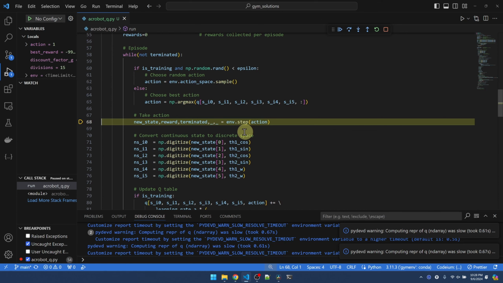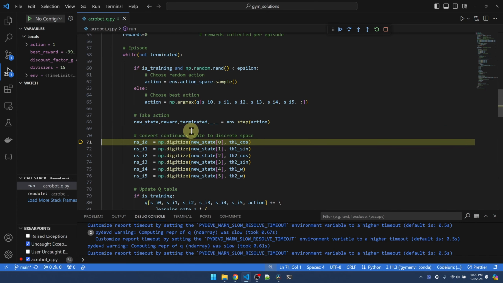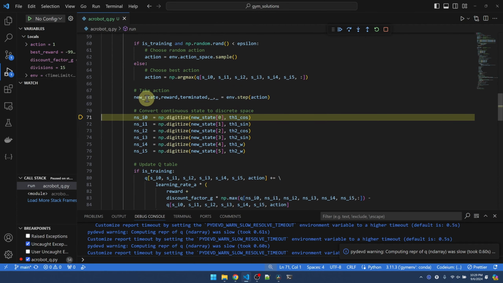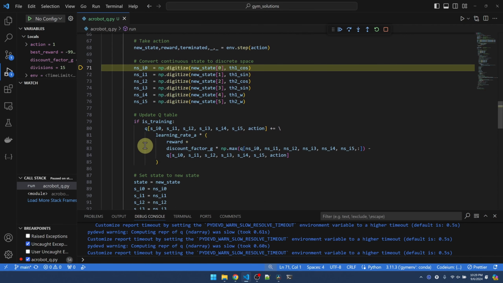The environment takes the action and it's going to return the new state, the reward, and whether the episode terminated or not. Again, just like state up here, the new state is going to be 6 floating point numbers that we're going to convert into integers. Here we're going to use the Q-learning formula to update the Q table.